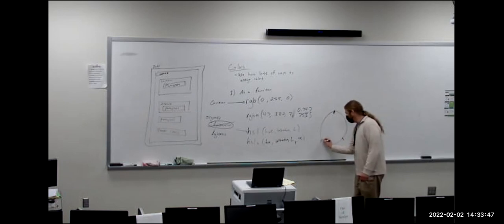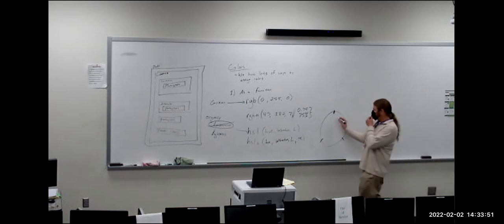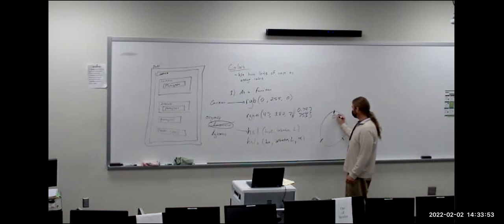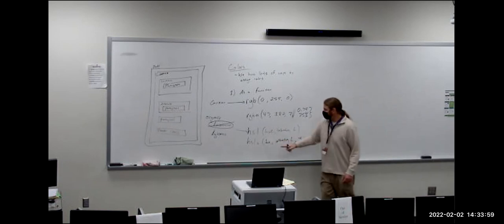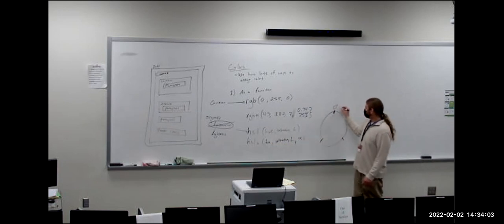So as we move around that circle, there are different distinctions. Usually we refer to the top as 0 degrees, and that's our hue number going around the circle. 0 degrees, which is also 360 degrees, is where red is located.